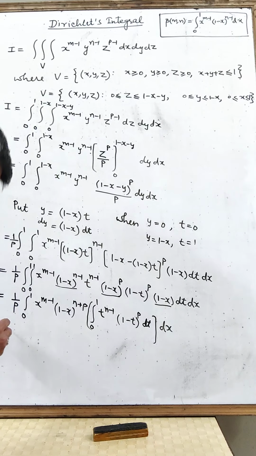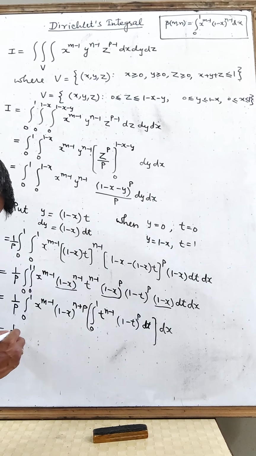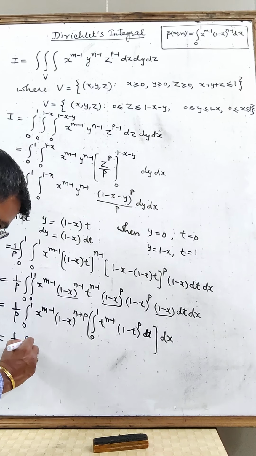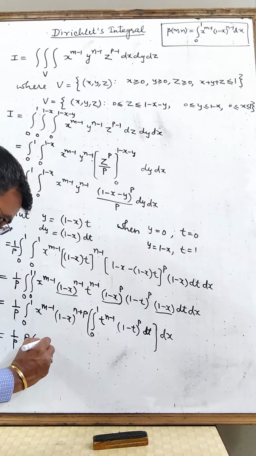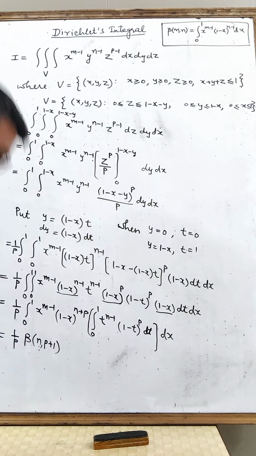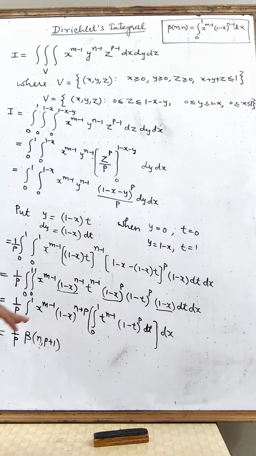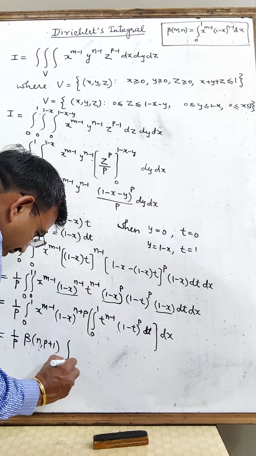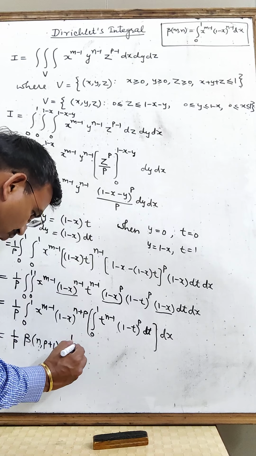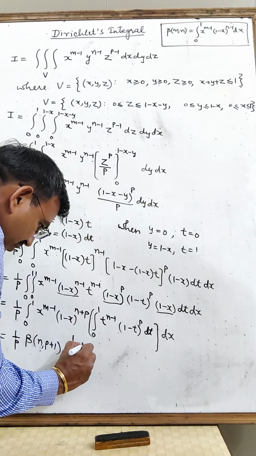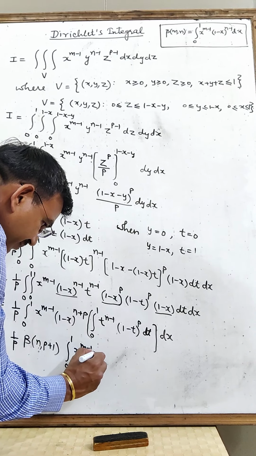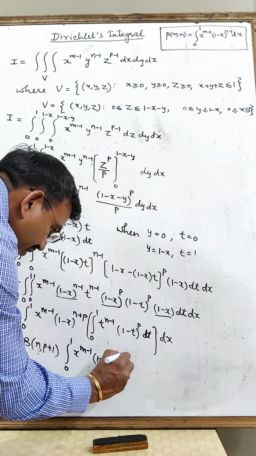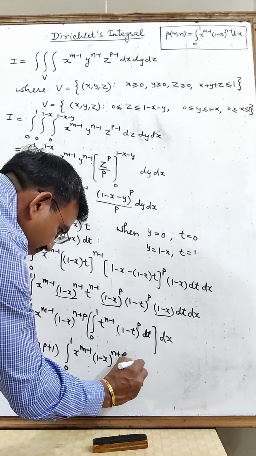It can be written as 1 by p, and it is beta of n, p plus 1. Using the definition, you can compare and you can write it as this, and we are left with integral 0 to 1 x raised to the power m minus 1, (1 minus x) raised to the power n plus p, dx.